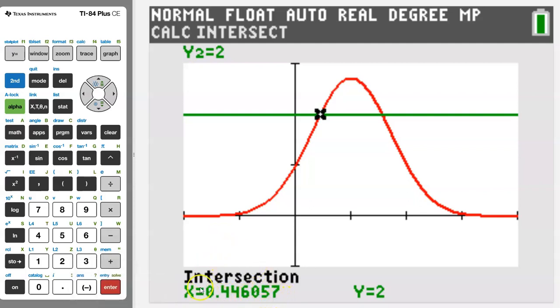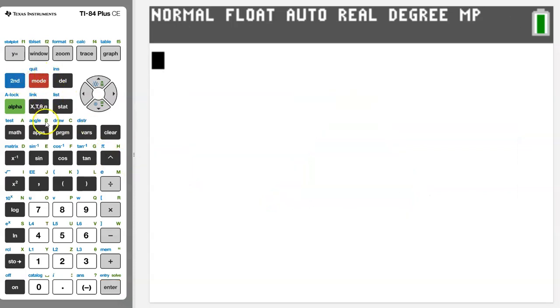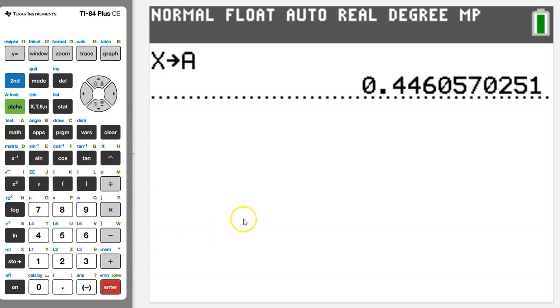I want to store this value into letter A on the calculator. So I'm going to quit out of here, second quit, but I will immediately type the X button and the store button, and I want to store the X value into letter A. So alpha A and enter.